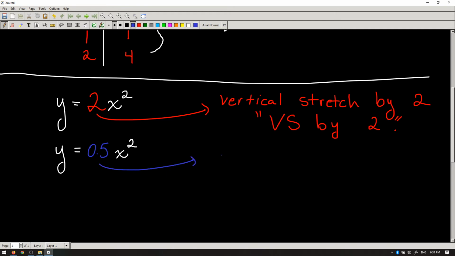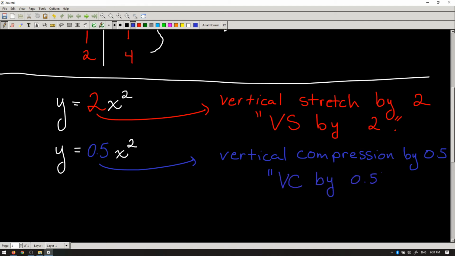No, this is a vertical compression by 0.5. So this, instead of being abbreviated VS, would be abbreviated VC. So these are two basic transformations that I can apply.